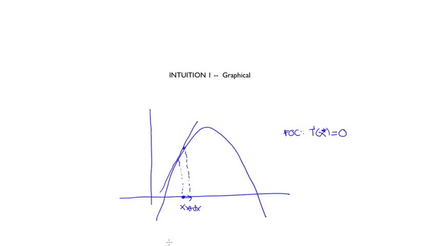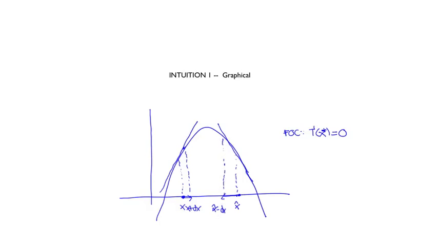Now, it's also easy to see that if you're at a point like x hat, at which, in this case, the slope is negative, you also cannot be maximizing, because if you move to a point like x hat minus delta x, you can also increase the value of the function for similar reasons.